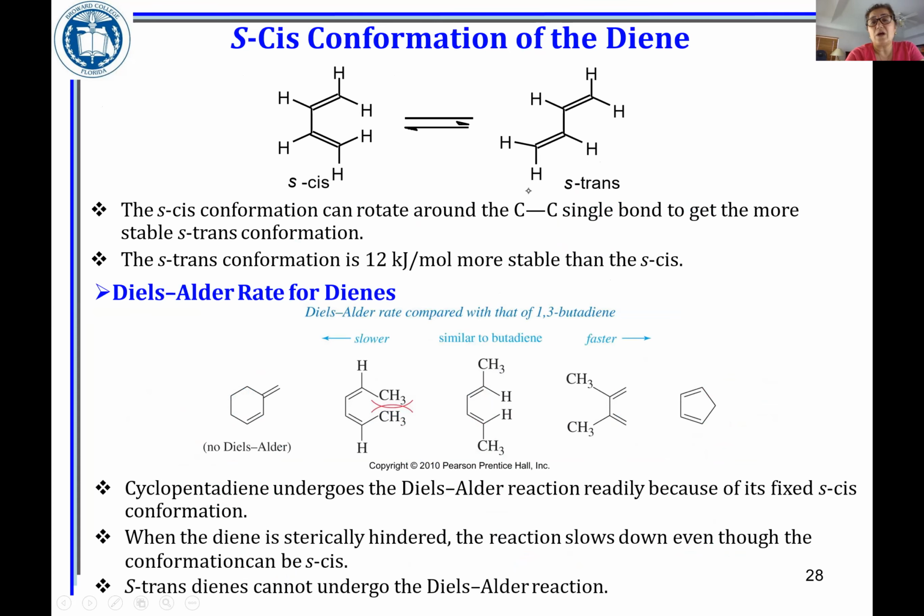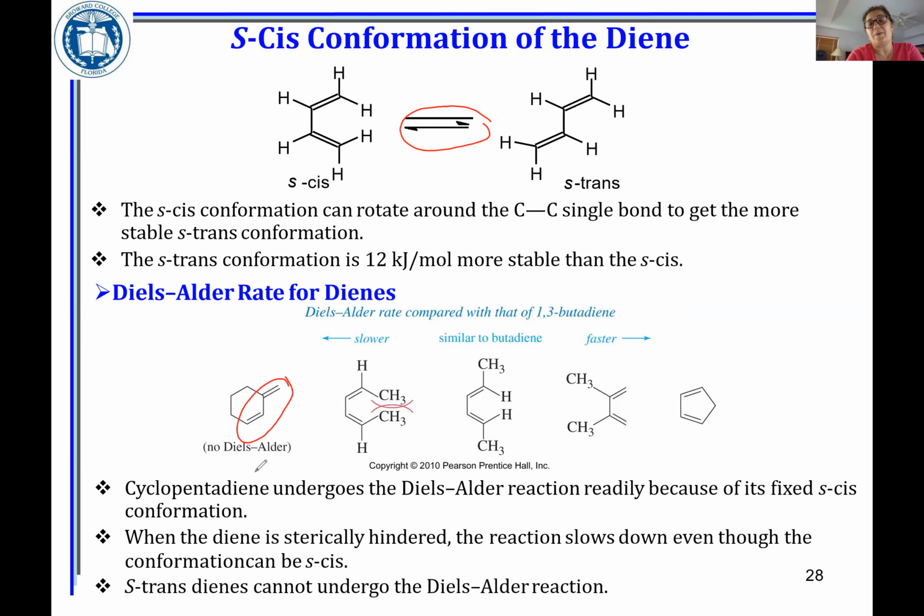The conditions: I talked briefly about the difference between the cis and trans. If you look at the size of this double arrow, it says that this can go back and forth. That's okay, but can this go back and forth?